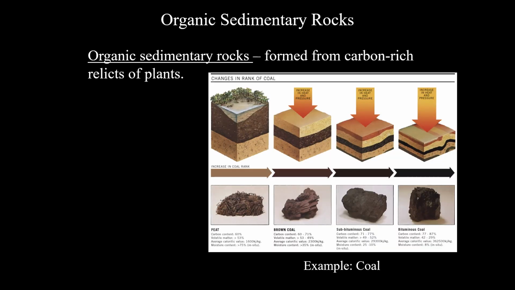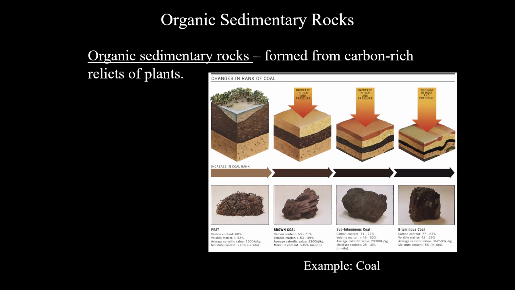We also have organic sedimentary rocks. We're going to spend a whole chapter talking about these when we start talking about energy resources. Our most common example of an organic sedimentary rock is coal. So coal is essentially the buried and lithified remnants of ancient plants, usually, for example, swamps. And as that material gets buried and we increase the heat and the pressure, we take all that loose material that maybe you've seen before in the form of peat.